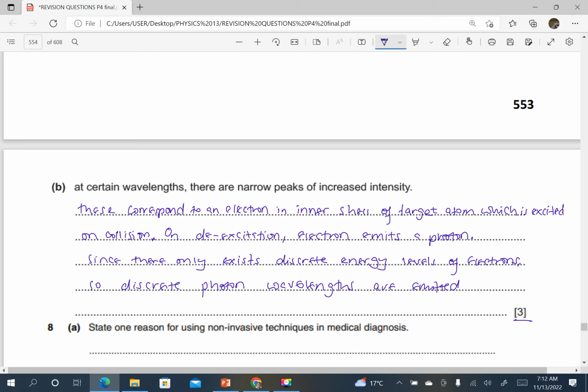State one reason for using non-invasive techniques in medical diagnosis. Of course, non-invasive means they don't open up any body parts, they don't insert any instrument into the body.